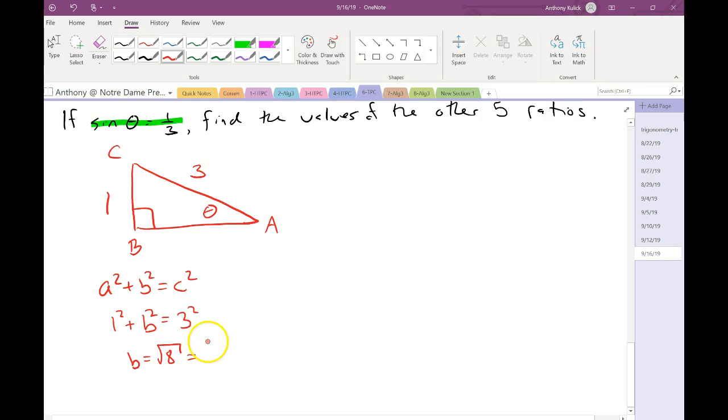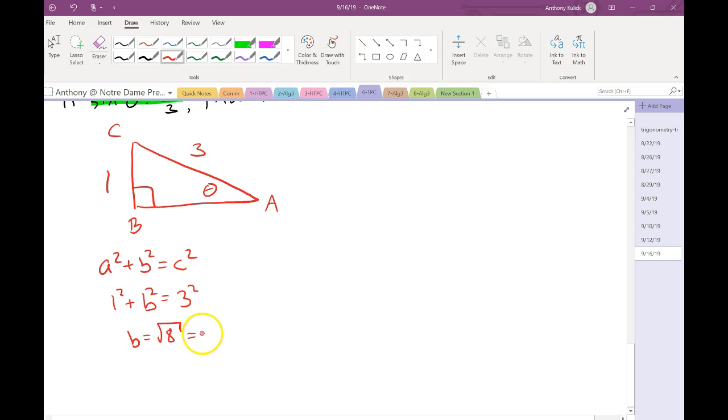Or if you remember, we can simplify this. How does the square root of 8 simplify? Do you remember this from your algebra course last year? So I can think about it as the square root of 2 times the square root of 4.